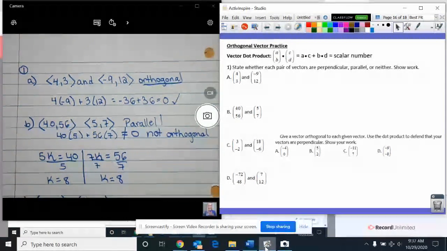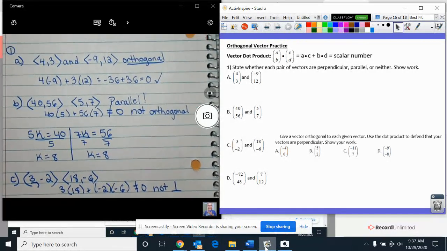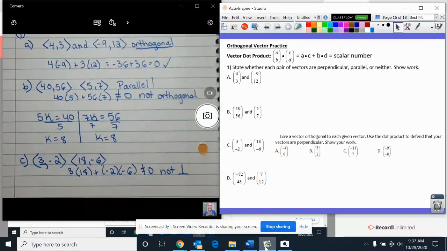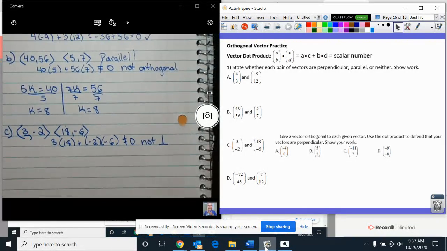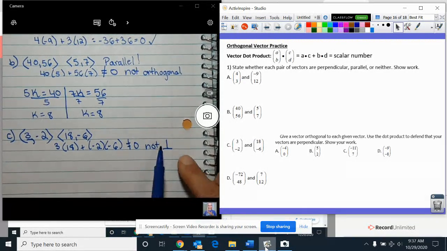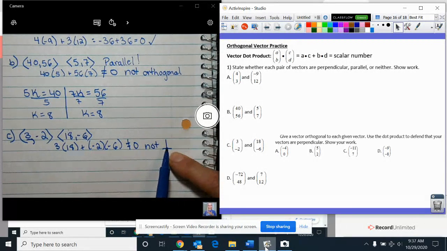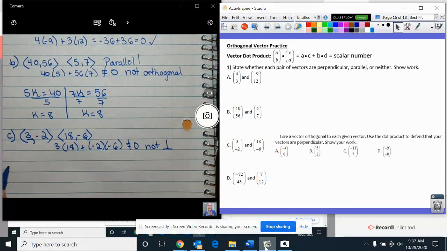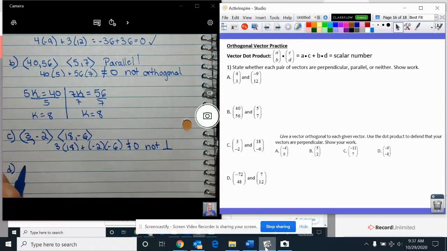Oh goodness, I did that whole example without you being able to see. I am so sorry for that. I know that I do that frequently.